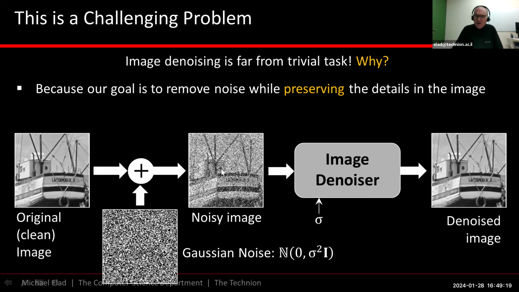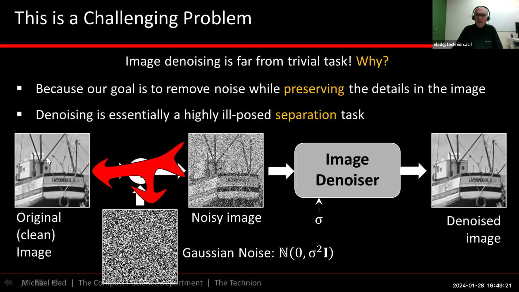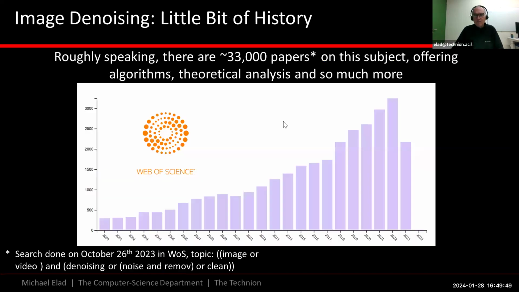I'm giving you this image, and I'm asking you, who are the clean image here, and the noise image here, such that their sum is the image I've given you. There are infinitely many possible such separations, and we are all about separating such that this will make most sense as a natural image, and this will make most sense as a Gaussian noise image. And this is really, really tough. The task of image denoising is far from trivial, but hey, it is solvable.